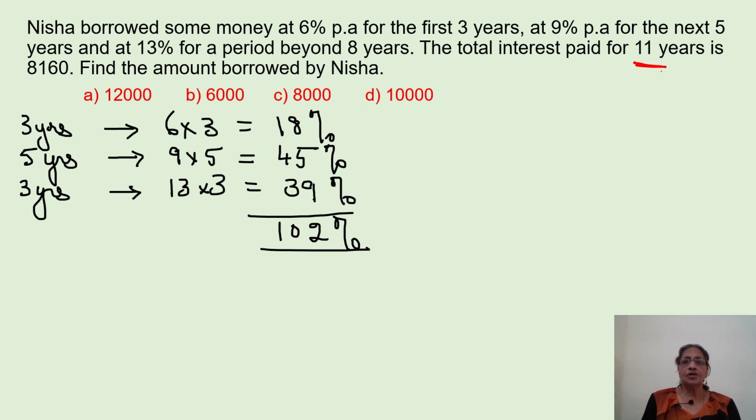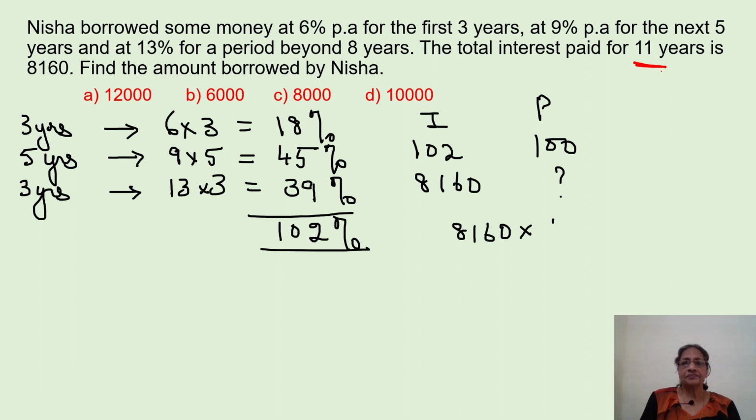Find the amount borrowed by Nisha. So now we have the interest here. If the interest is 102, the principal is 100. Now you are given the interest in the sum. How much is the principal? Very simple.